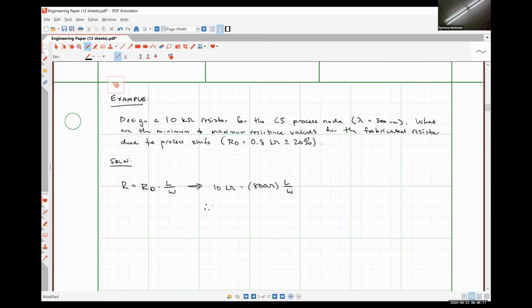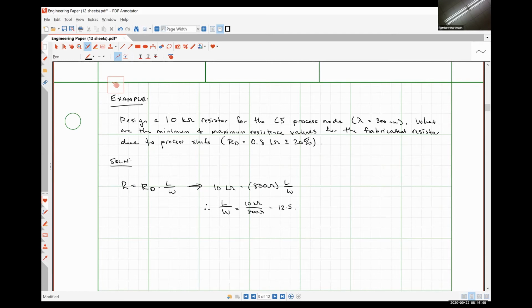So 10 kilo ohms divided by 800 gives us an L over W of 12.5. So any size that has that ratio, the length is 12.5 times longer than the width, will work.